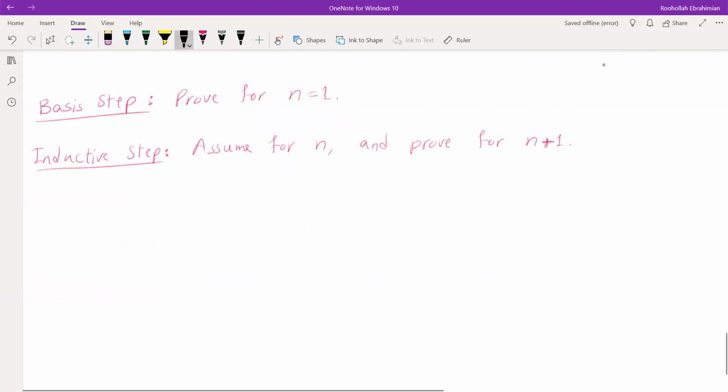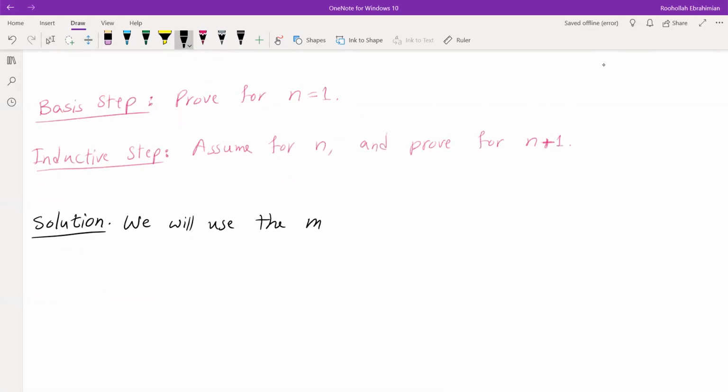So here's the solution now. Going back to the problem. Again, the main idea of mathematical induction is that you're relying on a previous case. That's the key idea. I will specify at the beginning of the solution that we will use the method of mathematical induction.